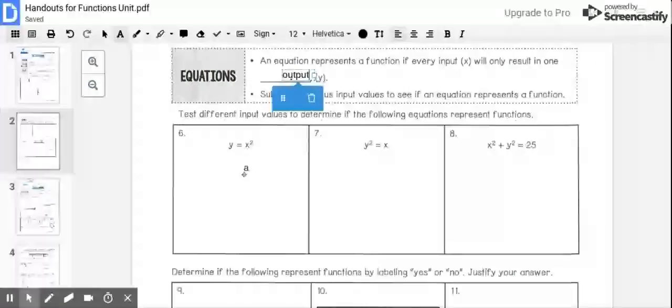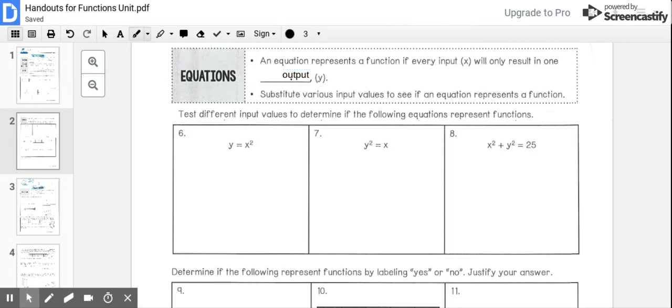We have y equals x squared. Why don't you try to think of some numbers that you could put in here. I'm going to draw a little t-chart with x and y.